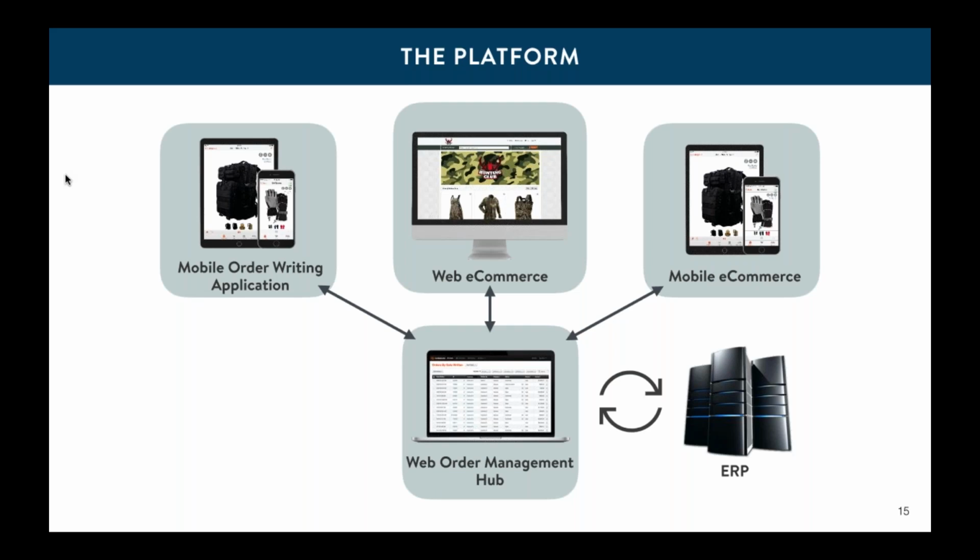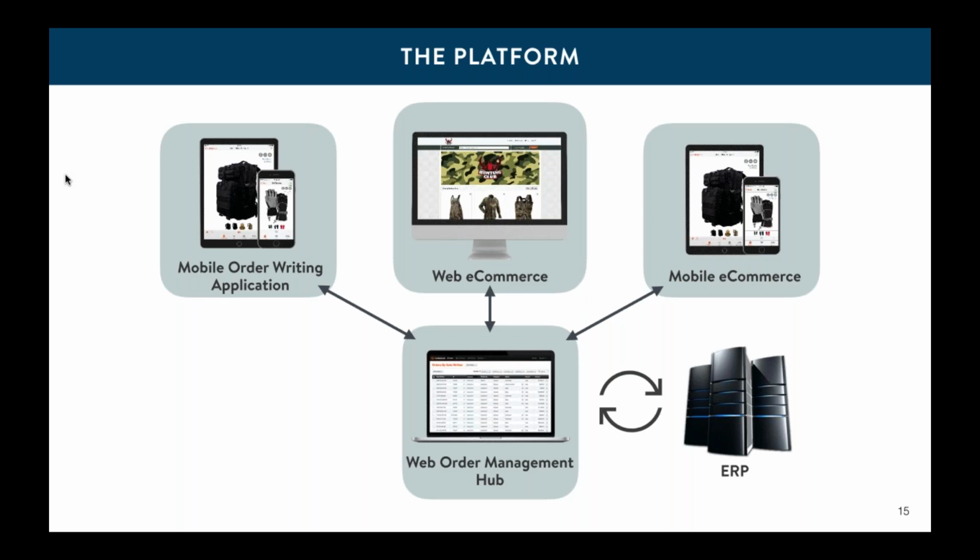You can see here that the key solutions that make up this platform are a mobile order writing application that reps use in the field, allowing them to access your product catalog, customer specific pricing, promotions, product assortments, and important information like inventory levels and order history, and anything else that's going to help them place the right order, and do it quickly in front of the customer.